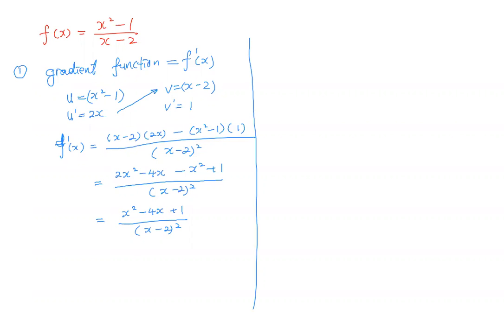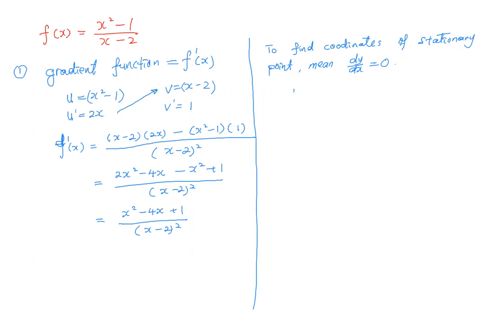Okay. To find the coordinate of the stationary point means dy/dx equal to 0.